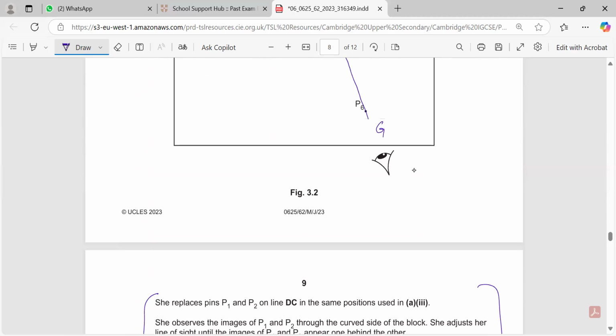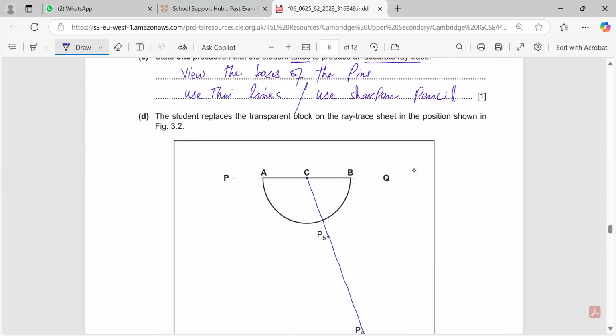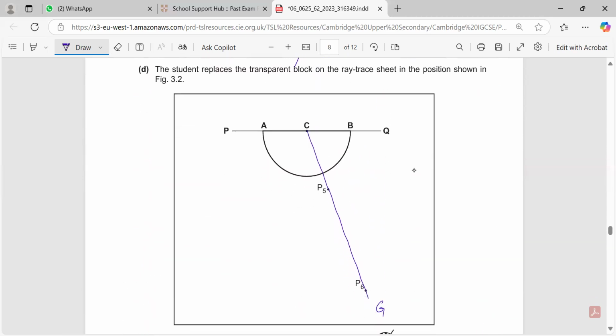The acute angle is the smaller angle between line AB and GC. So this is the acute angle, my dear friends, because the other angle will be greater than 90. So this angle we need to measure, and it is 60 plus something. Please measure it with the protractor.